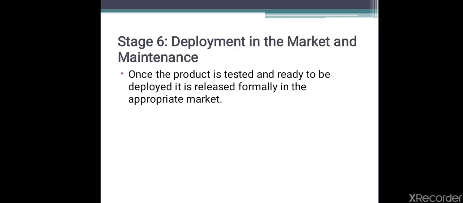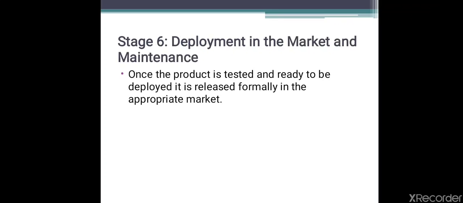Then, based on the feedback, the product may be released with suggested enhancements in the targeted market segment. After the product is released in the market, its maintenance is done for the existing customer base.